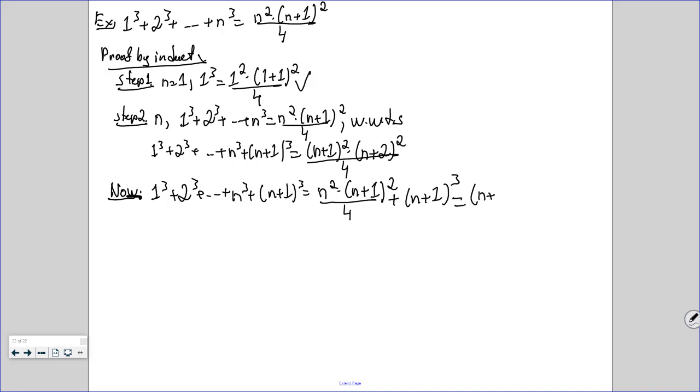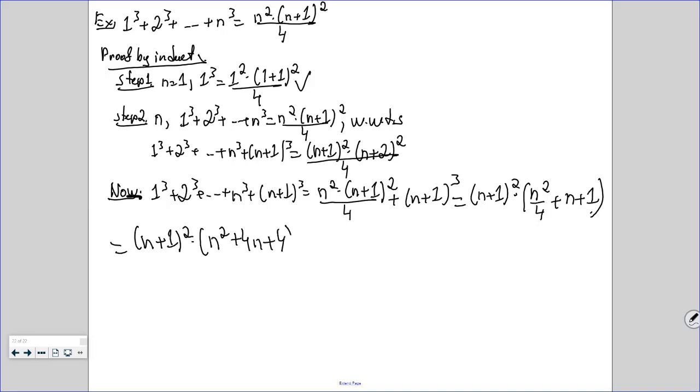So we do a very basic thing. We take (n plus 1) squared out. So the thing you can notice is that this expression is just (n plus 2) squared.